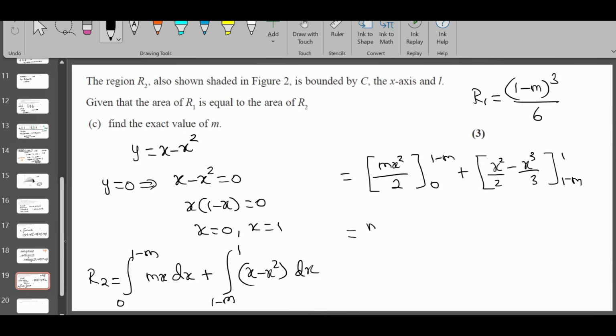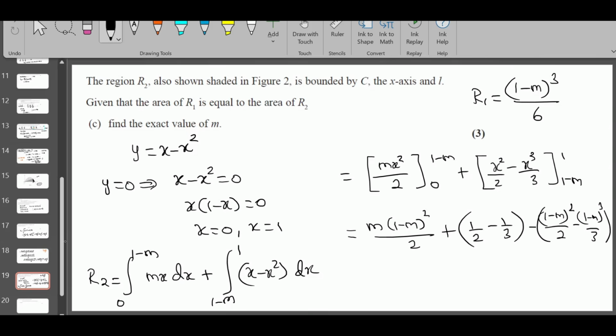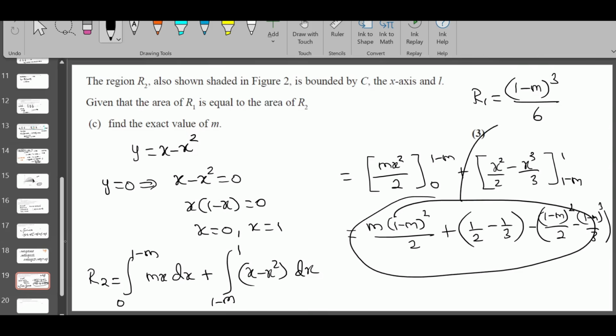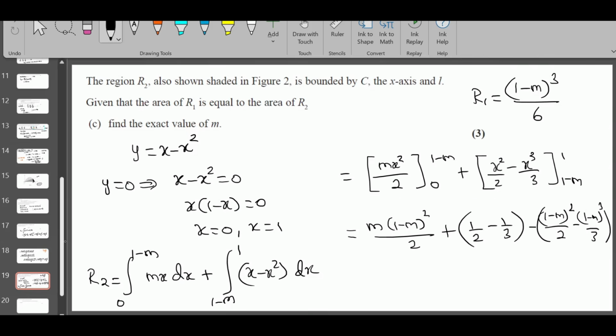When you sub in the upper limit, 1 minus m whole square over 2, the lower limit is 0. For the curve, sub in the upper limit, 1 over 2 minus 1 over 3, and the lower limit, 1 minus m whole square over 2, 1 minus m whole cube over 3. So I'm going to take this whole thing, equate it to this and make m the subject now.